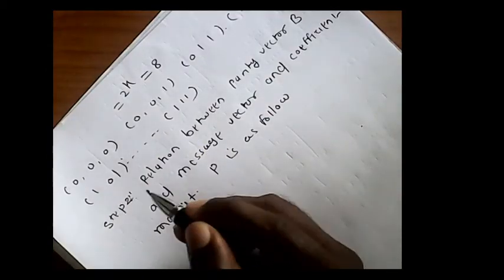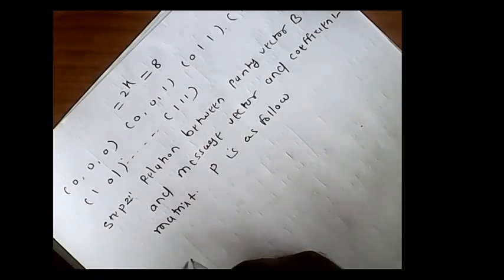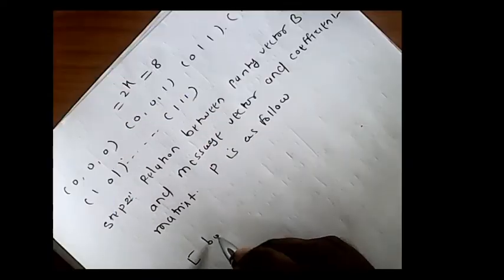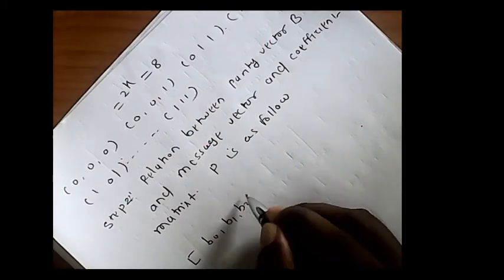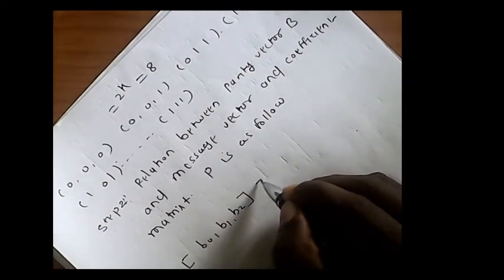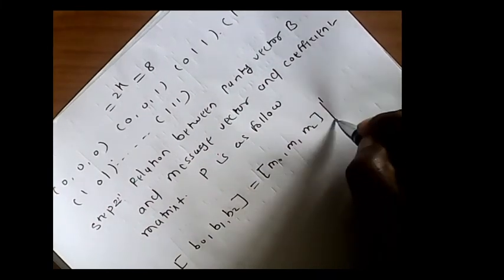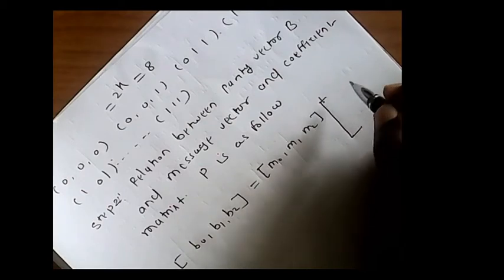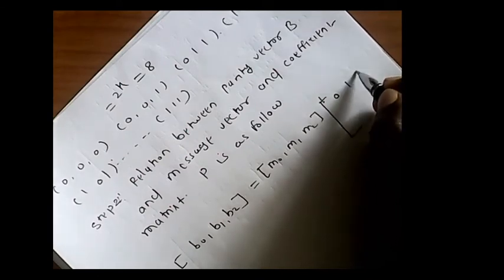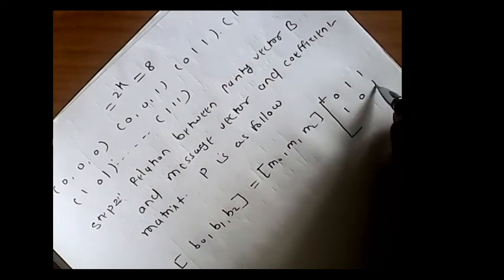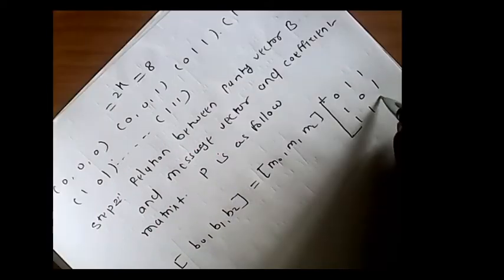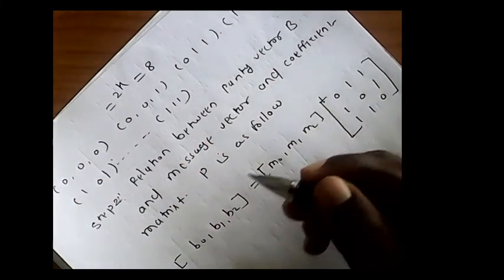So we know the parity vectors B0, B1, B2 equal M0, M1, M2 multiplied by the parity matrix 0 1 1, 1 0 1, 1 1 0. So this is the equation.